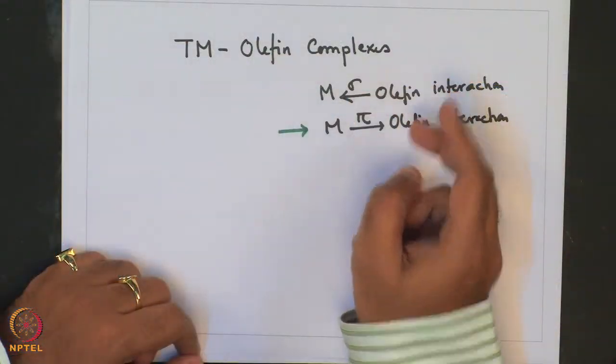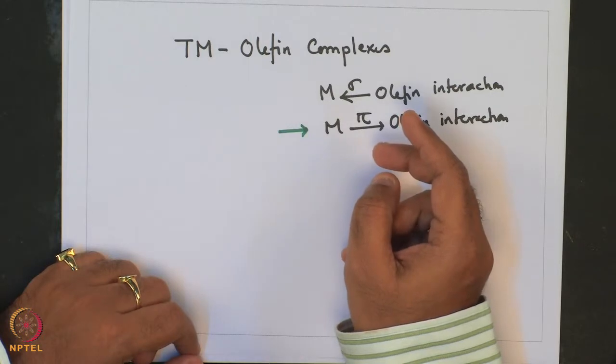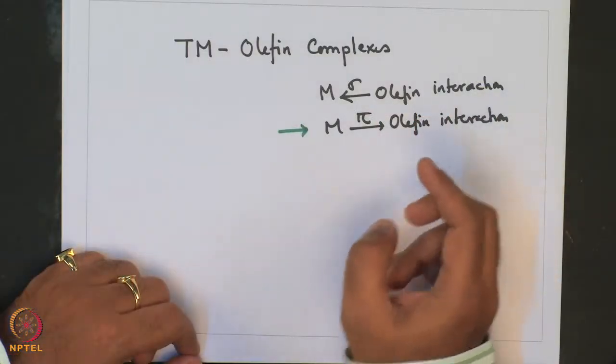So, the interplay of these two interactions is very important for stabilizing transition metal olefin complexes, and they are also an important marker for gauging the stability of these complexes. With that, we are going to talk more about these interactions.